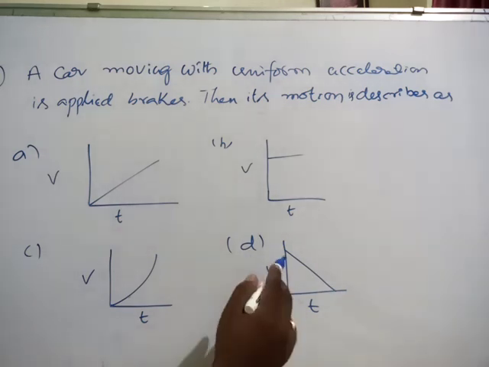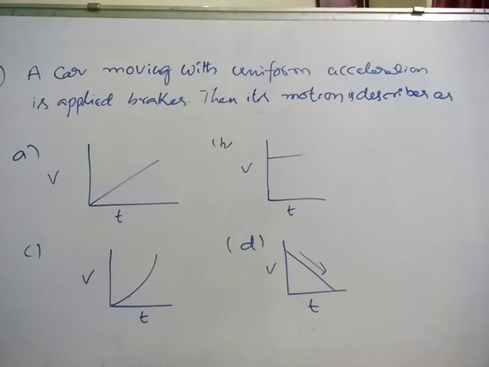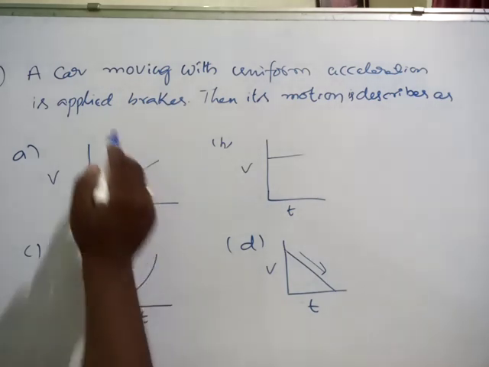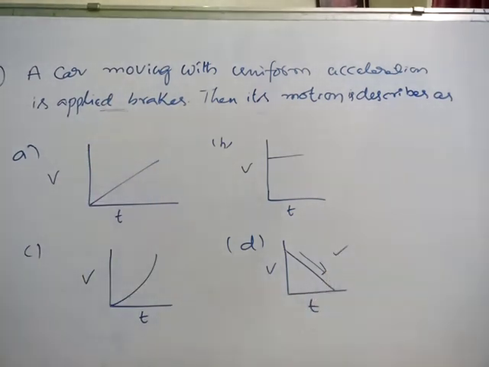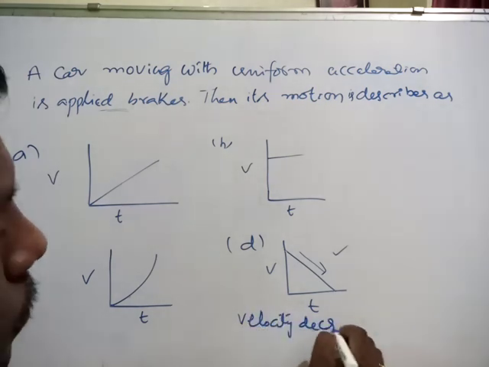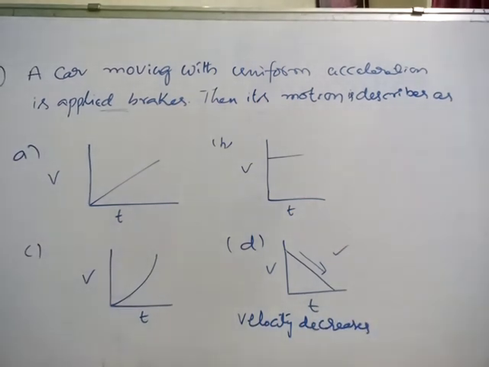And in D, the velocity is decreasing. After brakes are applied, definitely the velocity will decrease. So this will be the answer. You can write in the explanation: velocity decreases.